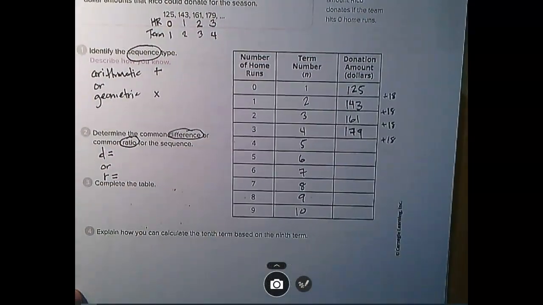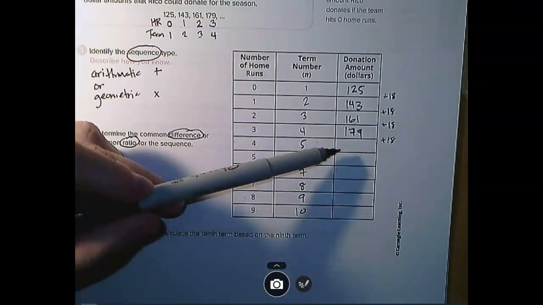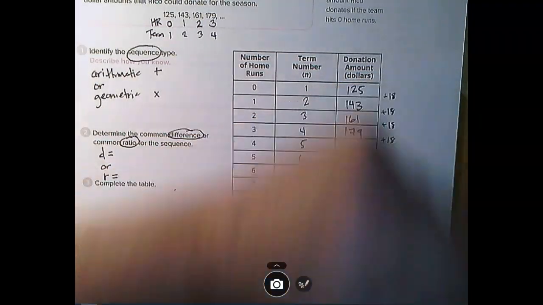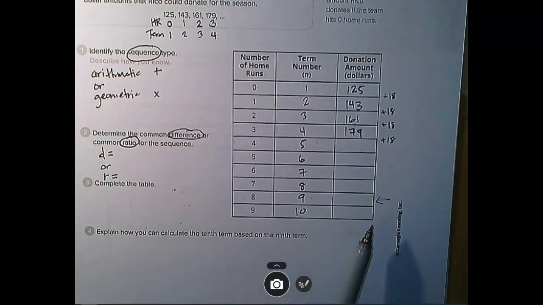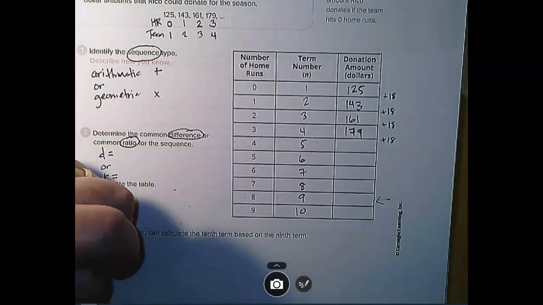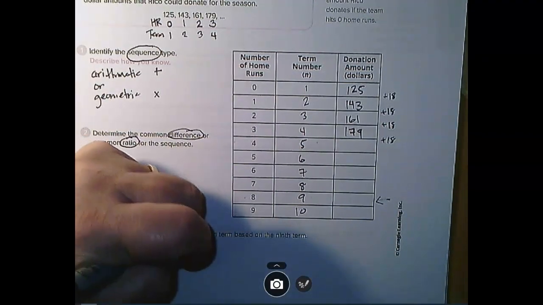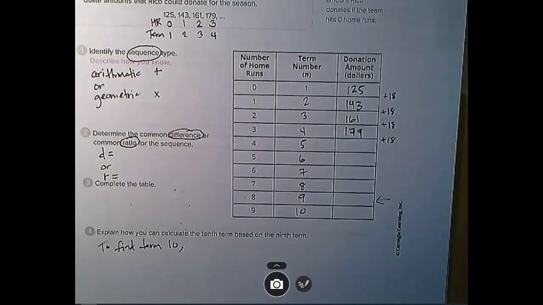Then the last thing on page 108 is explain how you could get the 10th term once you know the 9th term. So even before you've filled this in, right? Once you know this number, how do you know what this number will be? And like we set up here, to find term 10, what are you going to do?